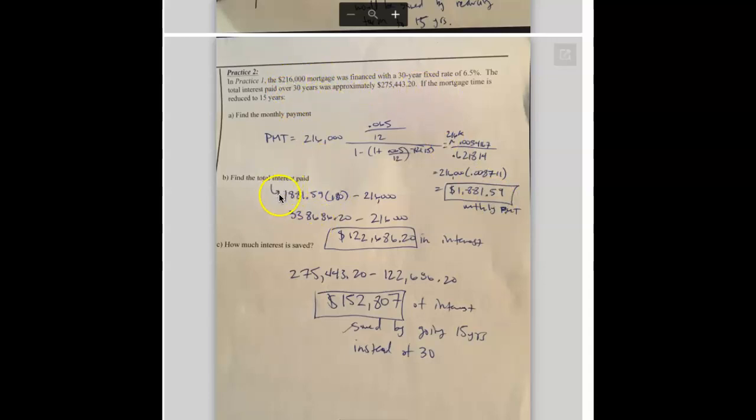The total interest paid, same thing, right? That's 180 months again. It's 15 years. That's the monthly payment. The 216,000 came from the initial amount borrowed. So all the monthly payments, $338,686.20, minus the loan amount leaves me with $122,686.20 in interest.